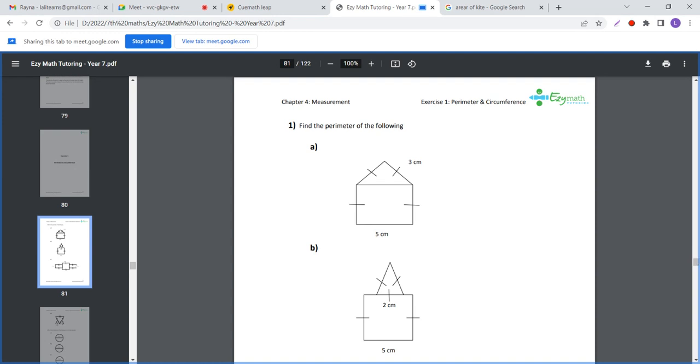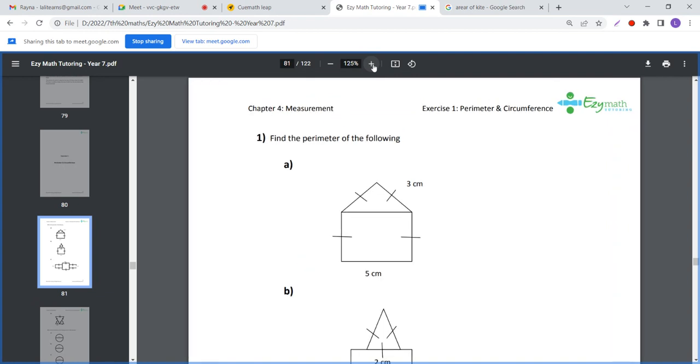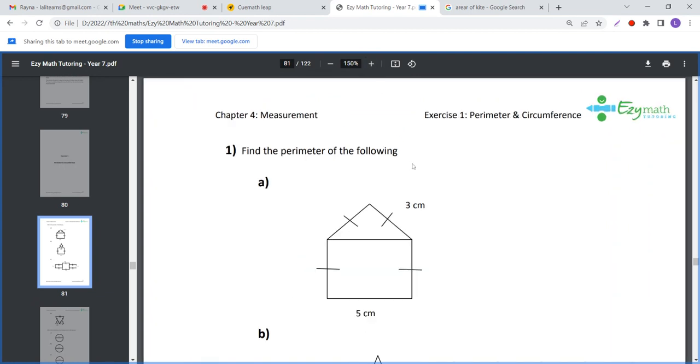Okay, find the perimeter of the following.